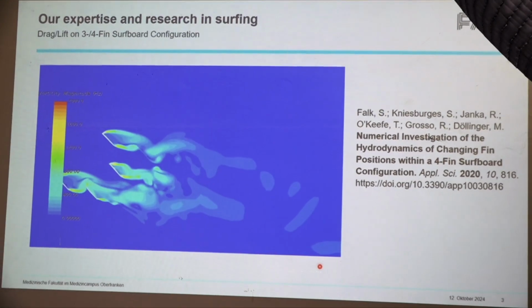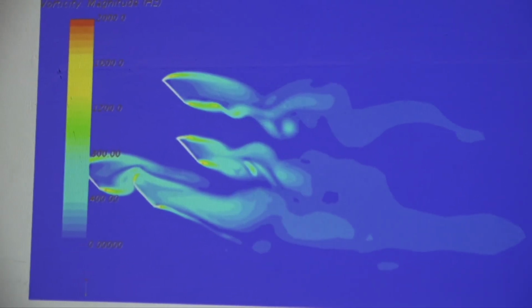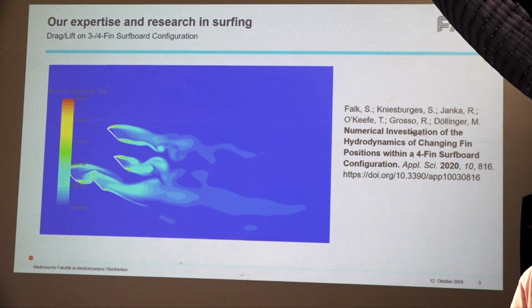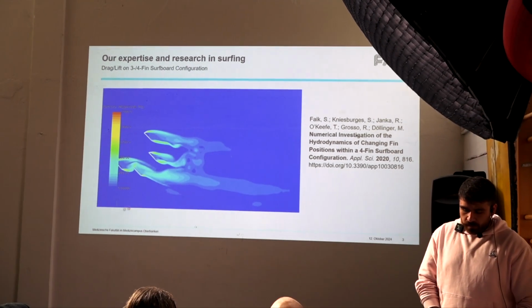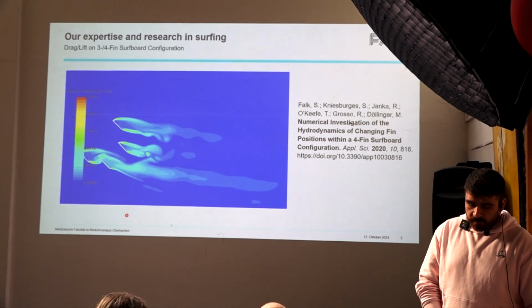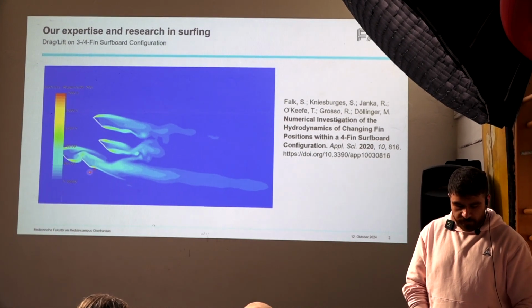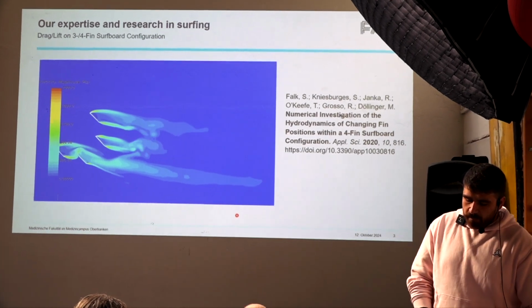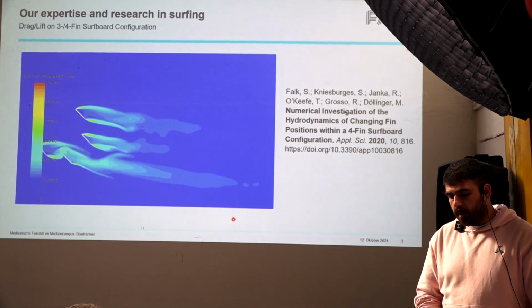We started with a numerical investigation of lift and drag forces on surfboard fins in a 4-fin configuration at various angles of attack. What you can see here is the flow field. We have our 4 fins, and with CFD simulations, we calculate the forces acting on each fin.